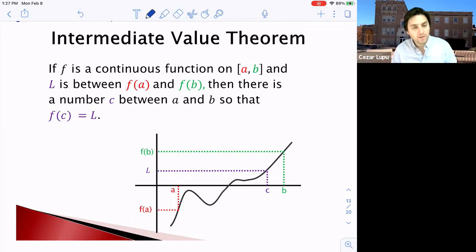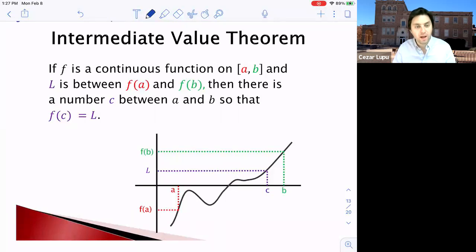Well, if I have a continuous function on the closed interval [a, b], and if I have a number L between f of a and f of b, then there exists a number c between a and b. So there exists a number c here on the x-axis, right?